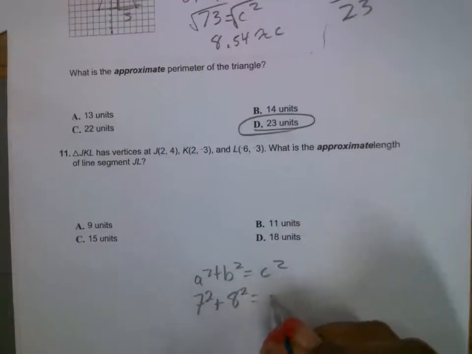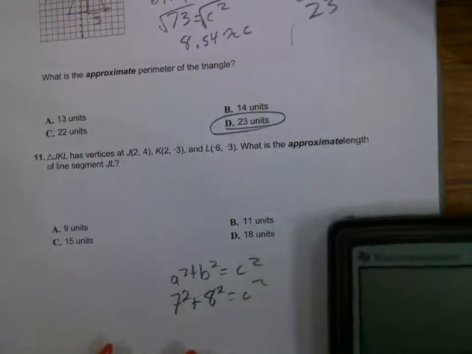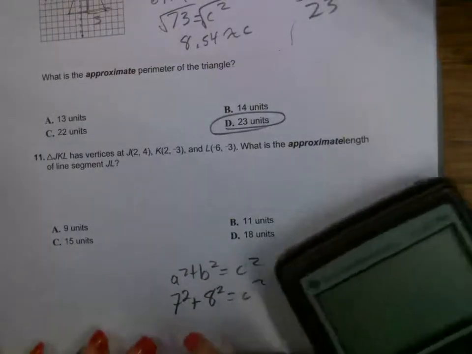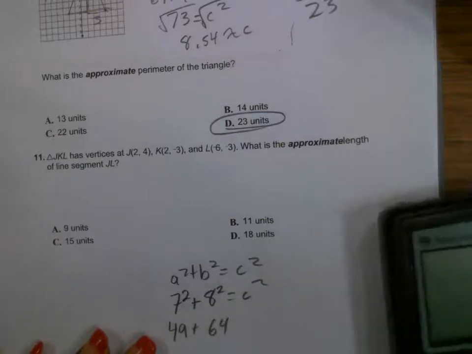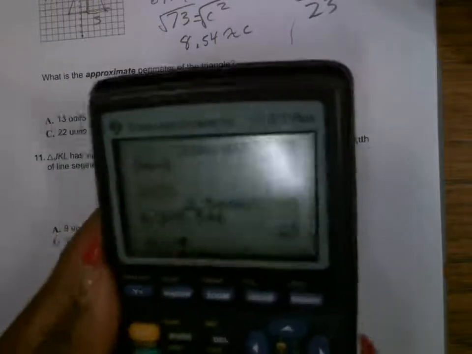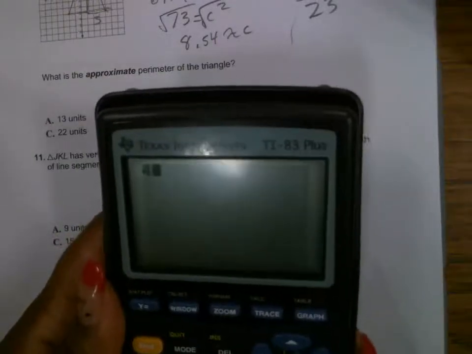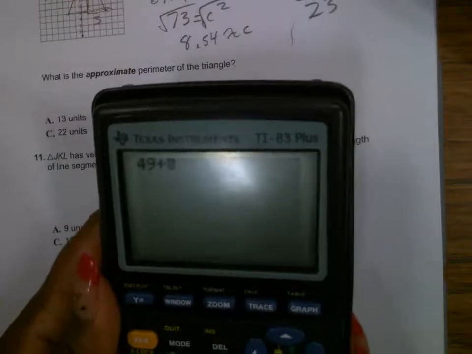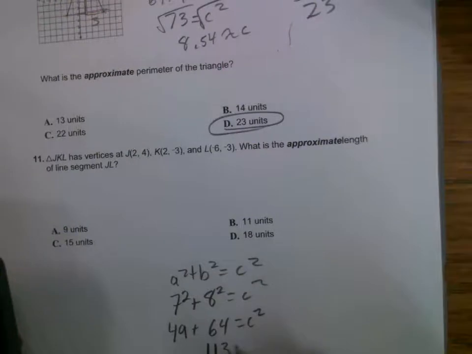So here we have 7 times 7, which is 49, and then 8 times 8, which is 64. When we add those together, 49 plus 64 gives us 113. That's c squared.